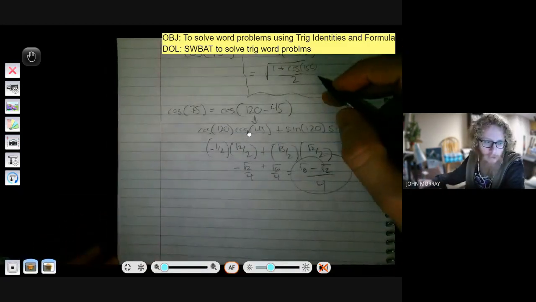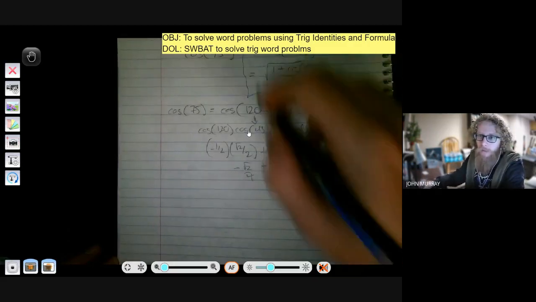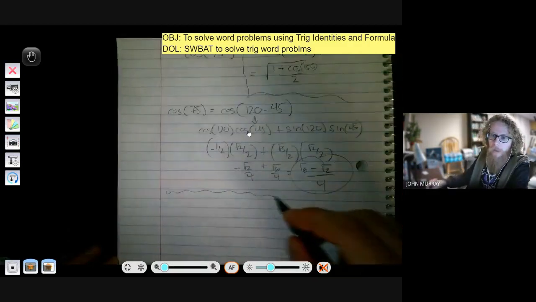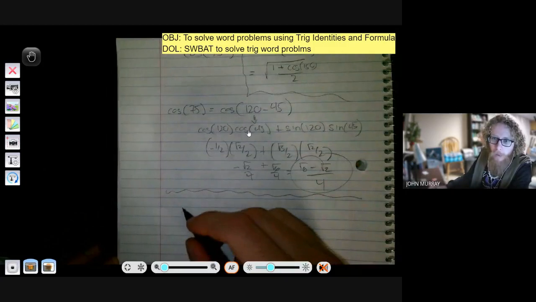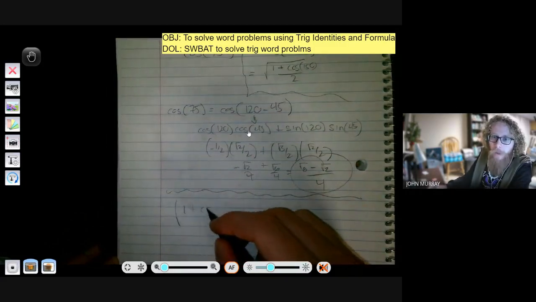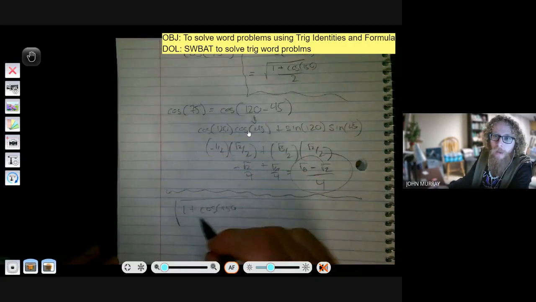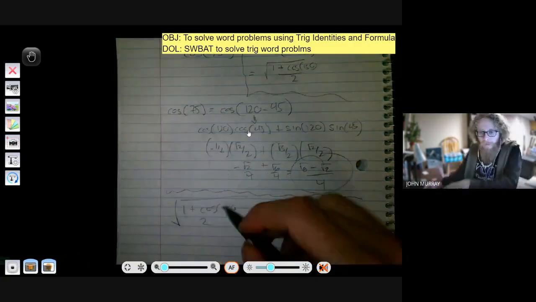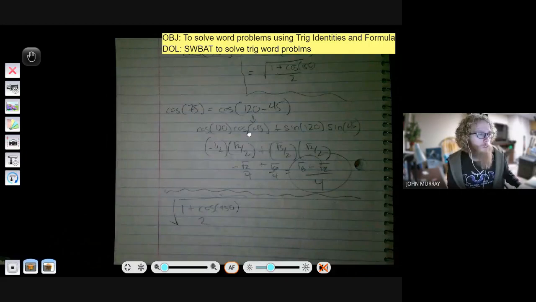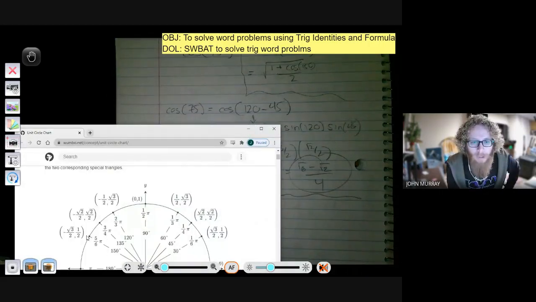Now quickly, we've got 3 minutes, so I'm going to calculate this and see if we end up with something similar. I have the square root of 1 plus cosine of 150 all over 2. The cosine of 150 is 1/2.